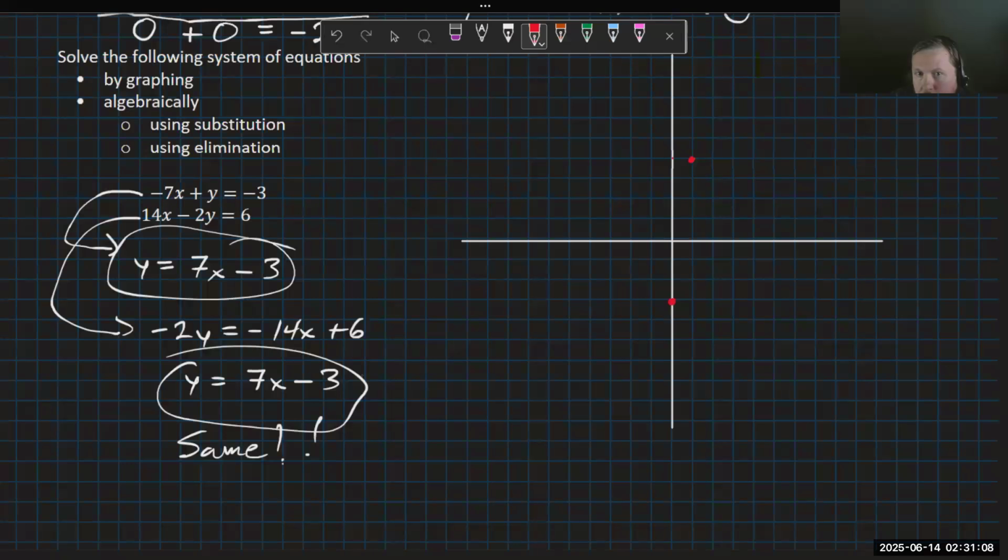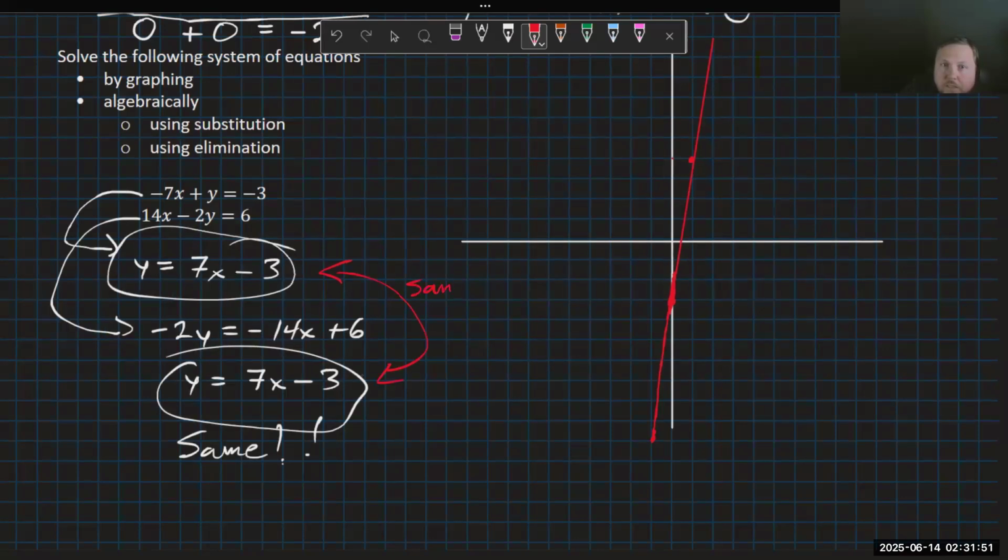So 2, 3, 4, 5, 6, 7. Okay, so if I graph the other one, they would just overlap. So these are the same, right? So in this situation, the graphs overlap.